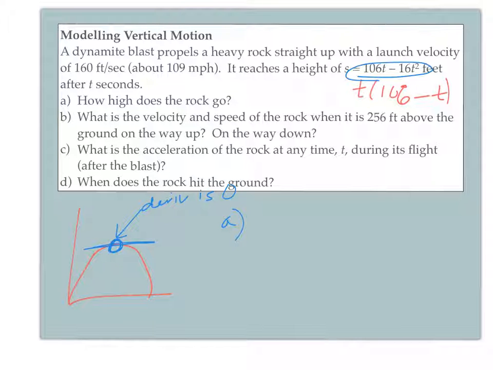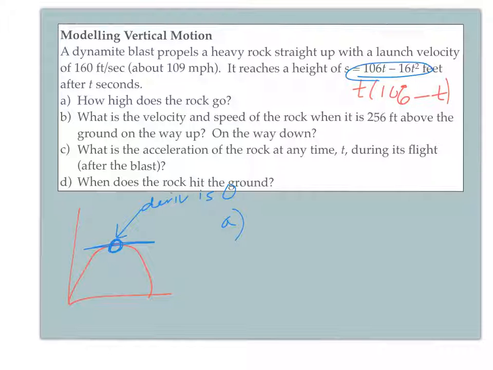And it also makes sense. If you launch something straight up in the air, at the very top its velocity is going to be 0 for an instant. Because it goes up with positive velocity, it has to be 0 before it drops. So we're going to have a velocity of 0 right at that maximum point.